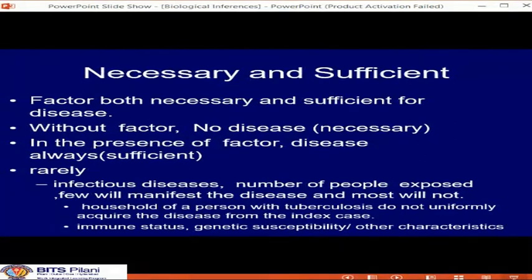We know that Mycobacterium tuberculosis causes TB. Some of the household family members may be immune to TB. Some may be more genetically susceptible. And there may be other characteristics which let them develop TB or not. So getting necessary and sufficient is quite unusual in actual medicine.